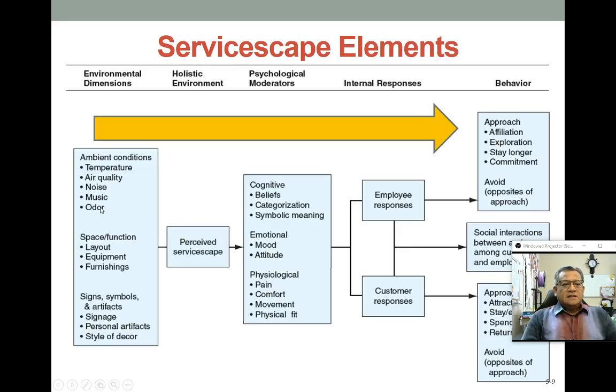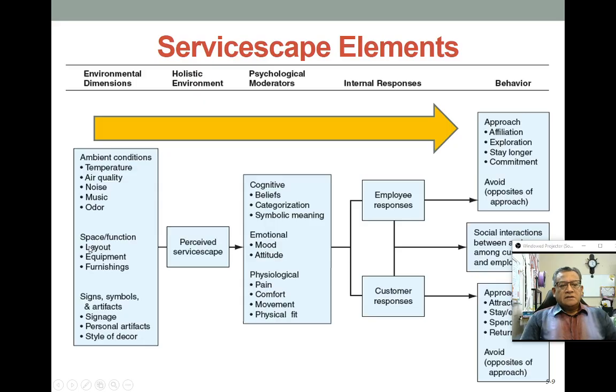First, let's take a look at IKEA, the ambient condition, like the temperature. Normally the air conditioning is set at around perhaps 22 or 23 degrees Celsius, and the air quality feels fresh, and the noise is basically minimal. There is some background music, soft music being played overhead, and the odor normally smells nice.